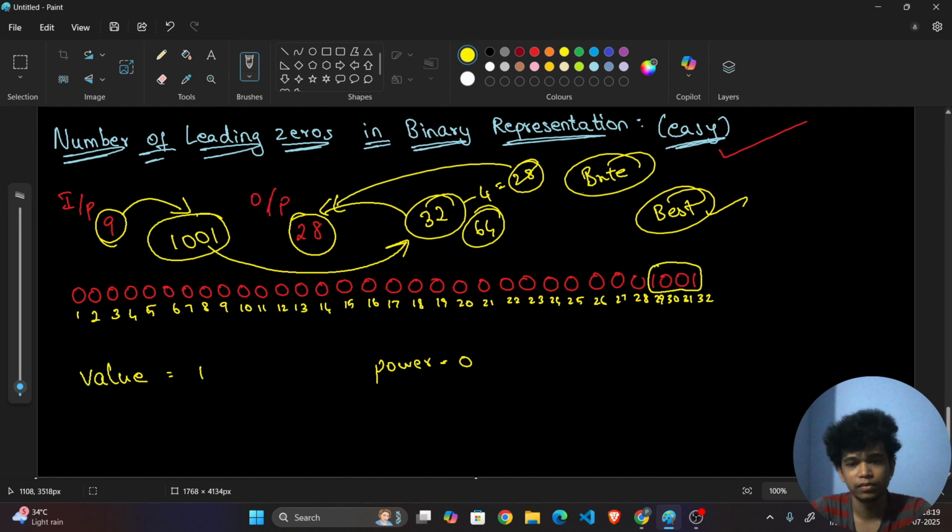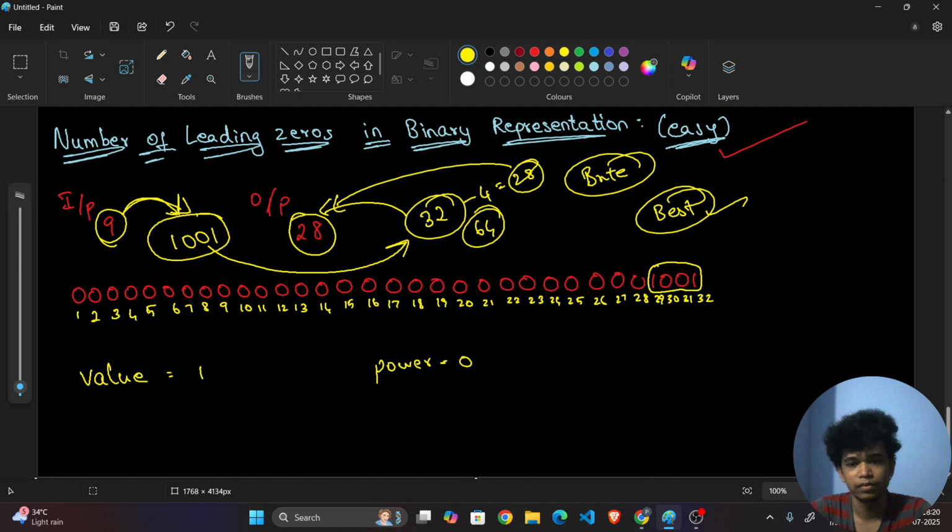Always remember, whenever there is a problem, you want to find the solution for the exact problem. In this problem, do we really need to find the binary representation of the given number? My answer is no. Why?